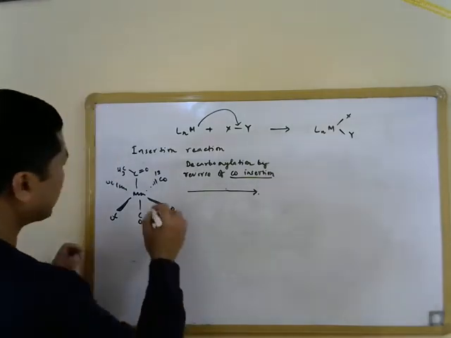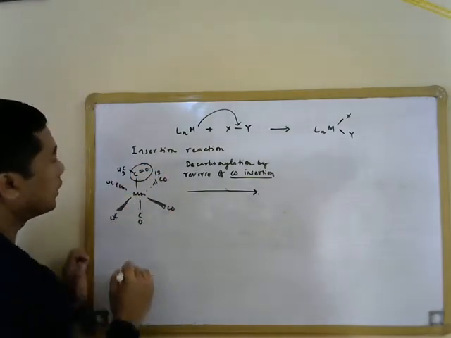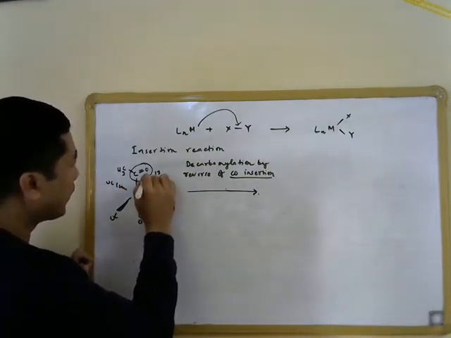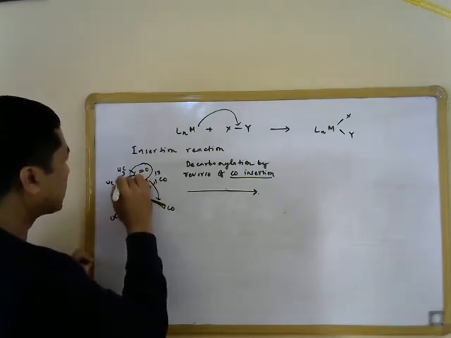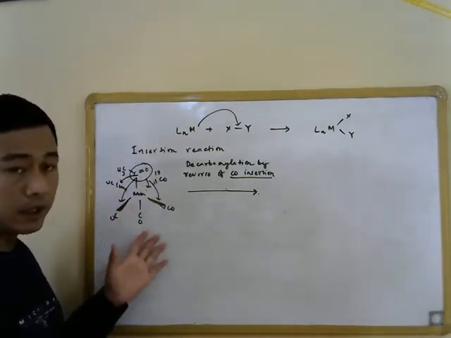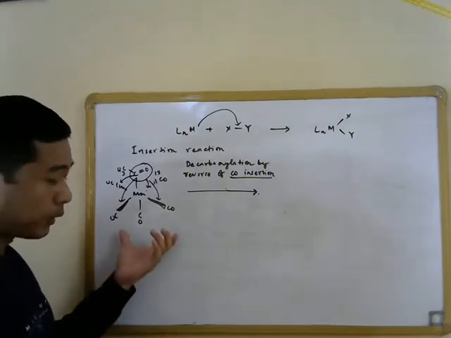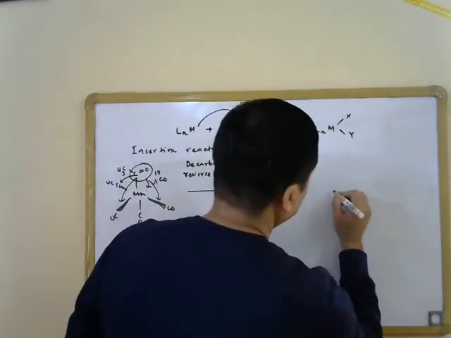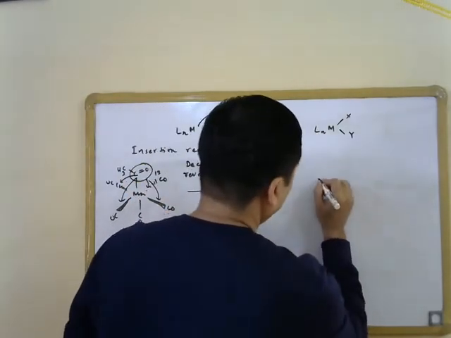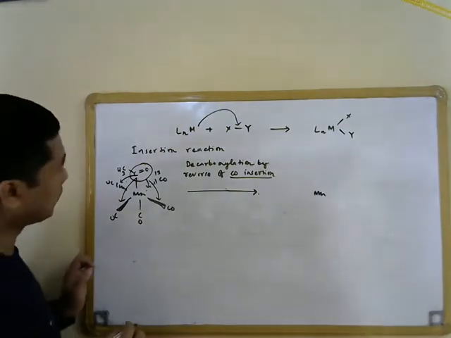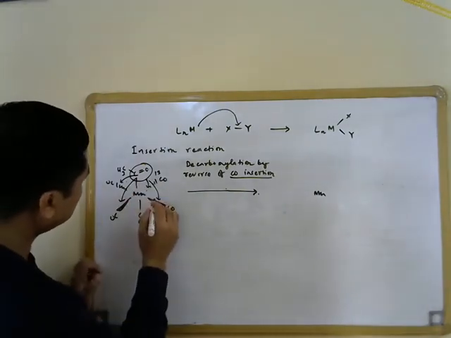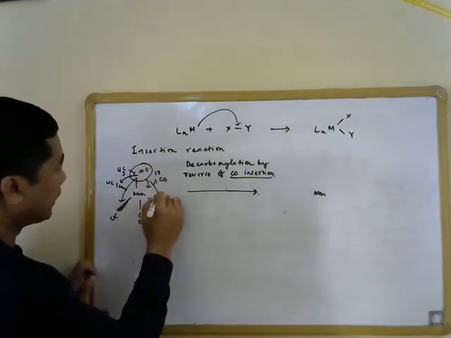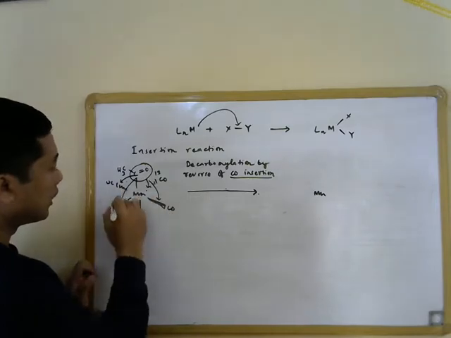And in that case, the CO group in this acetyl ligand will essentially replace any one of these cis carbon monoxide ligands in the starting precursor, and that will give us two types of products here, because the CO group in this acetyl ligand can replace any one of these four carbon monoxides.